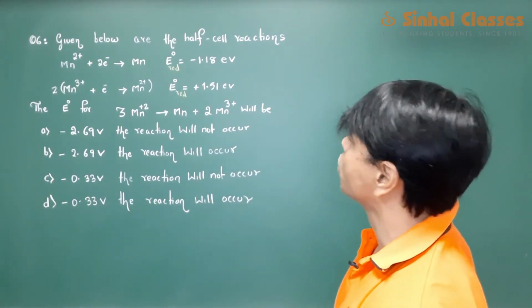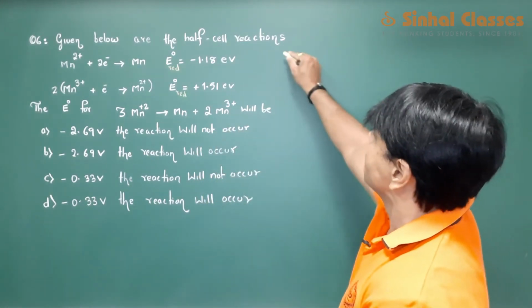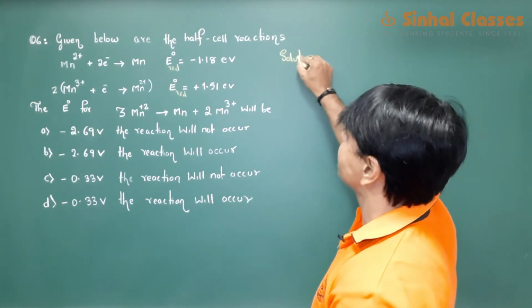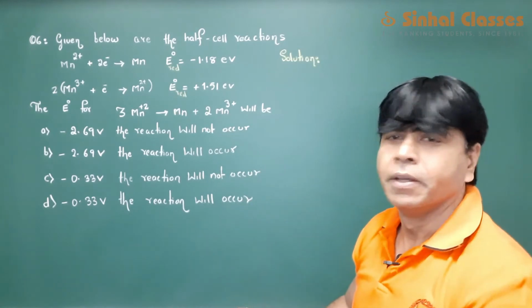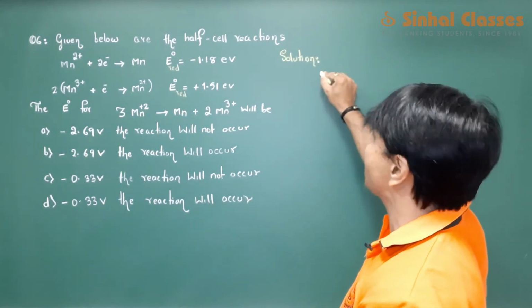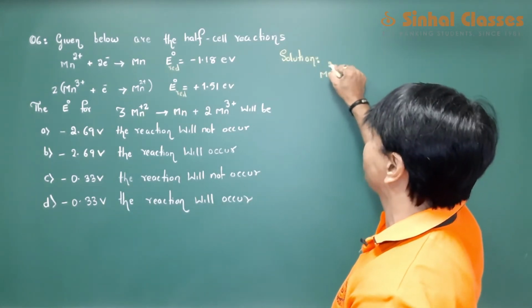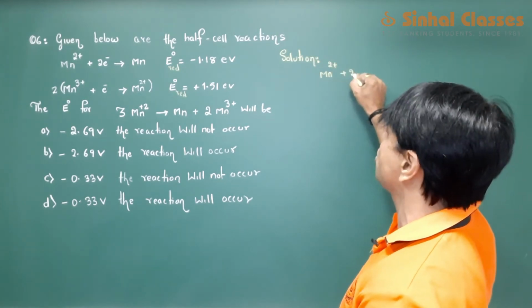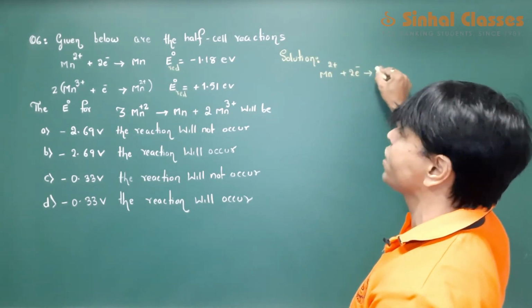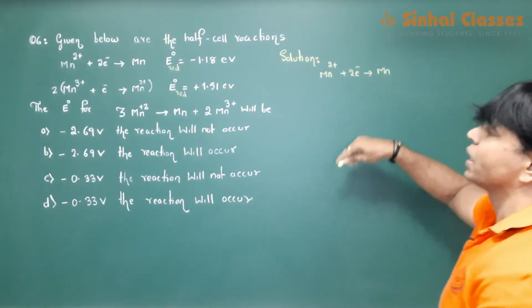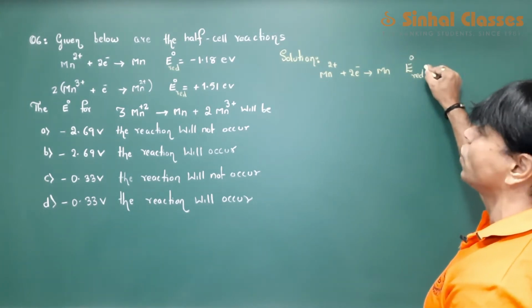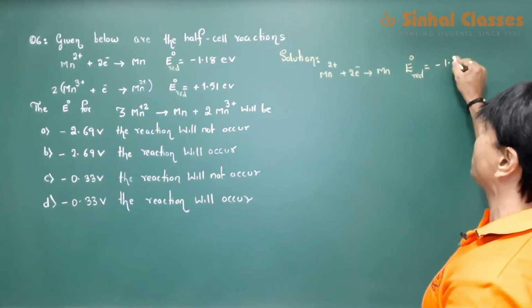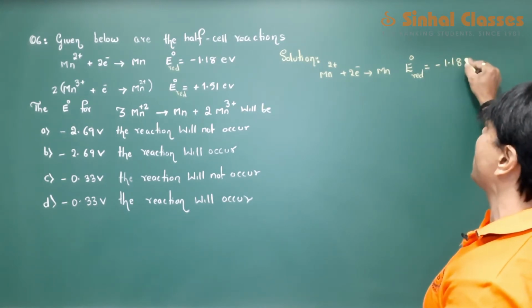So what you need to do is, for this, the first equation you keep it as it is. So it will be Mn2 plus 2 electrons giving you Mn, and this value is the reduction value. Reduction value is minus 1.18 electron volt.